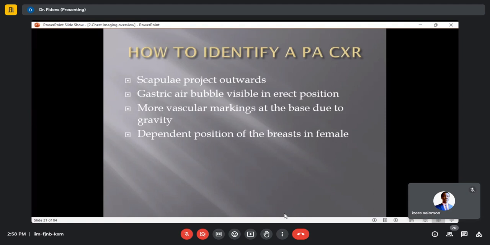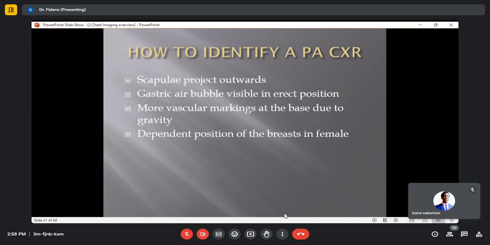But in PA, when the patient is standing, the vessels contain more blood at the lower part of the chest, I mean.